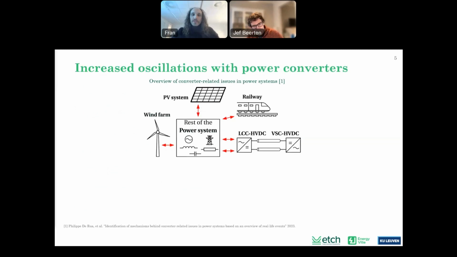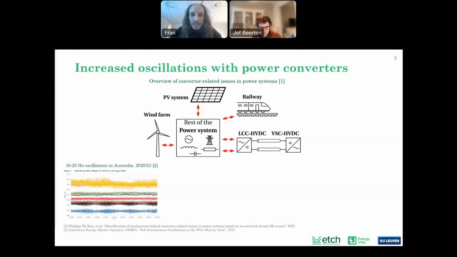As you might all know, we have been seeing increased oscillations in the power system recently due to the integration of power converters. These involve different systems. Traditionally, railway systems were the ones where converters were dominating, and then wind farms, renewables, and HVDC systems took the lead.